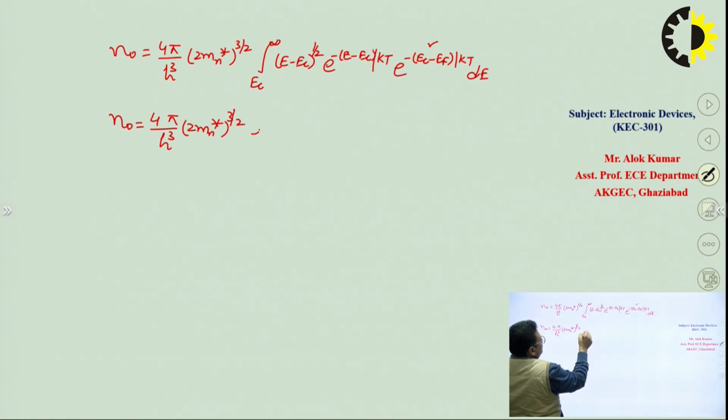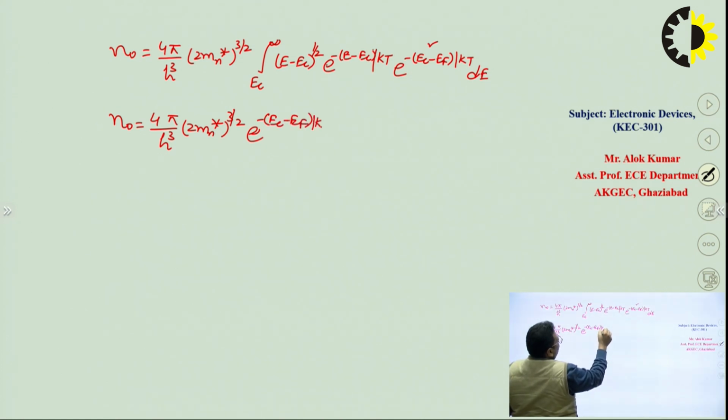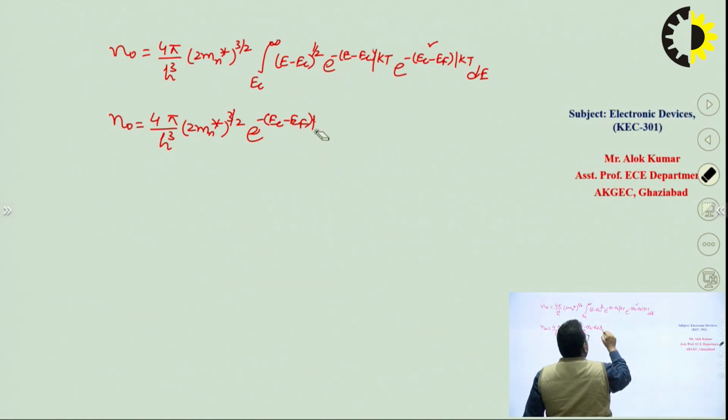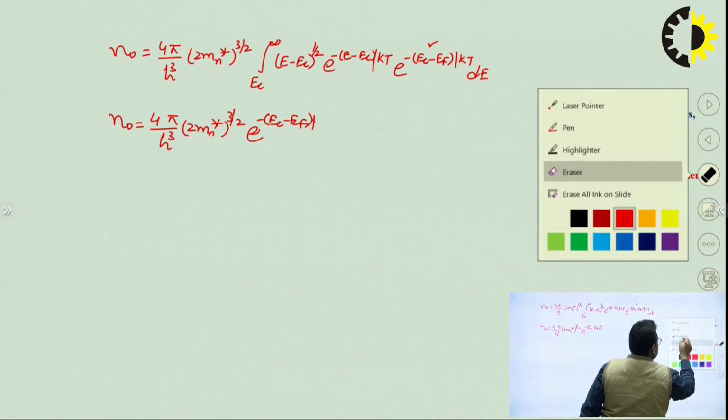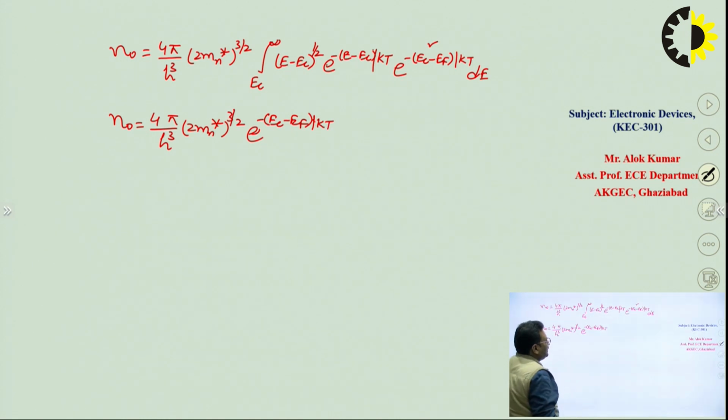We can take this out. So e to the power minus (EC minus EF) upon KT, right?